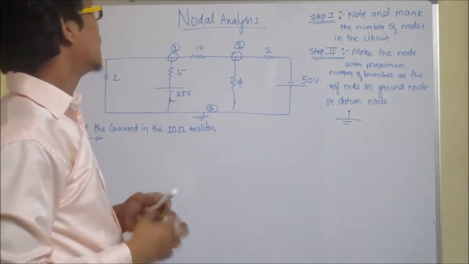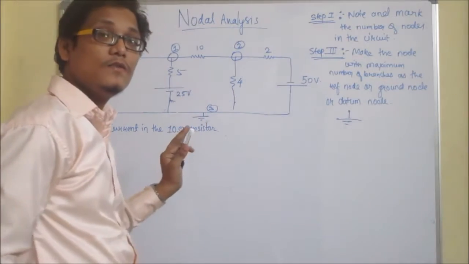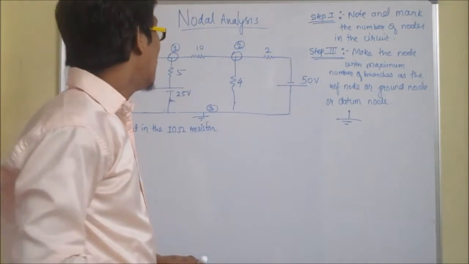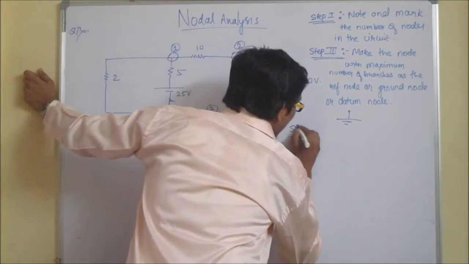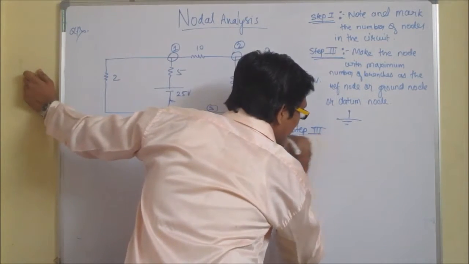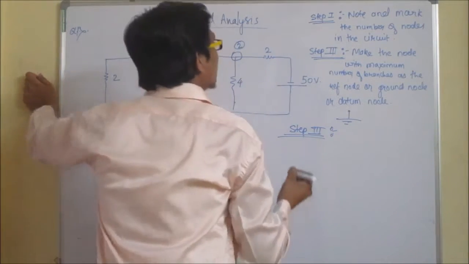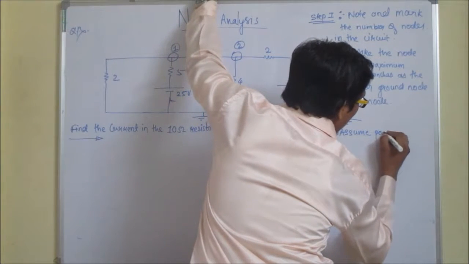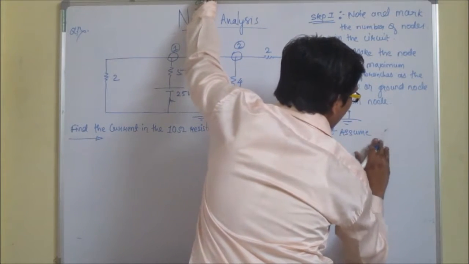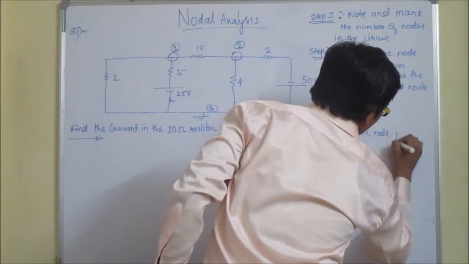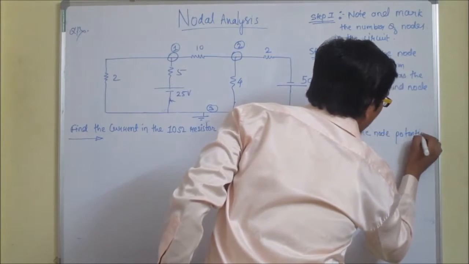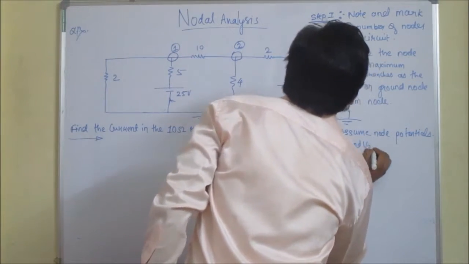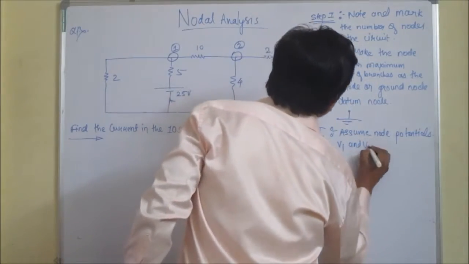Now, step 3: assume node potentials V1, V2, V3 as per the marked nodes. If there are 3 nodes, then there would be 3 voltages.